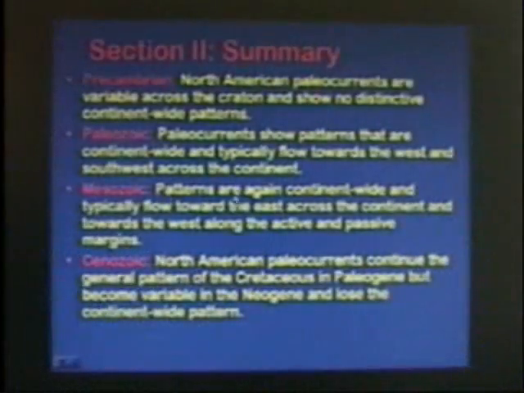And then in the next time, all the way in the opposite direction. In the Mesozoic, exactly the opposite. It goes from the west to the east, and then in the Cenozoic, there seems to be some continued pattern of the Cretaceous and Paleozoic, but they become variable, so they start becoming normal again.